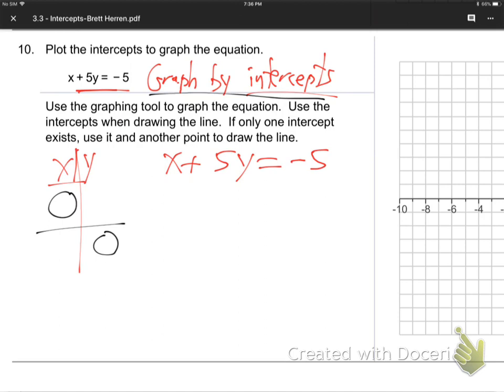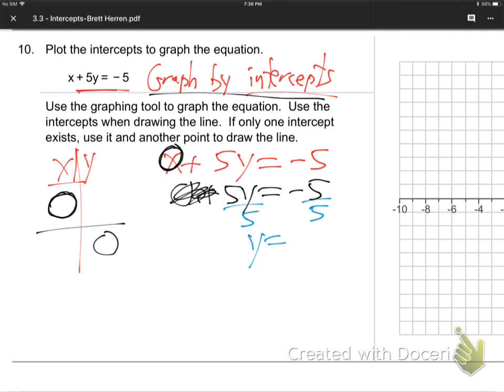So I'm going to plug 0 in for x right here. So when you do that, you get this, and the 0 is just gone. You don't need it. And you solve for y. How do I solve for y there? Yeah, divide by 5.